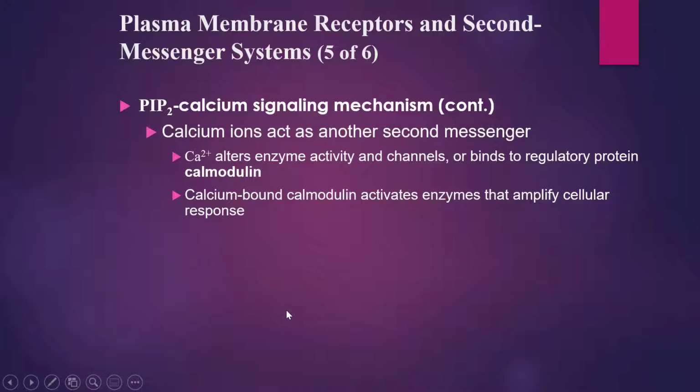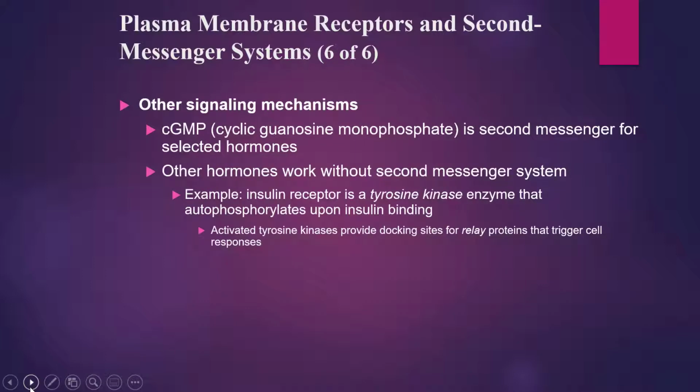Calcium-bound calmodulin would activate the enzyme that amplifies cellular response. So you have other signaling mechanisms, but I just want you to review the rest of them. I'm only concerned with two of them: the PIP2 system and the cAMP second messenger system.